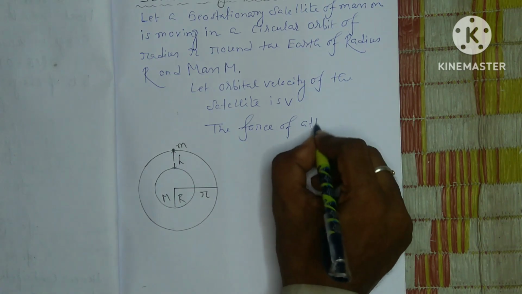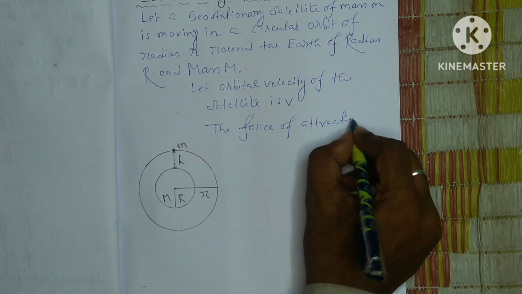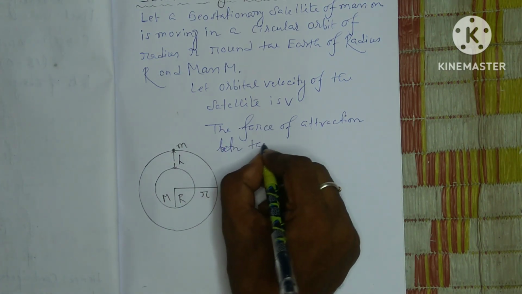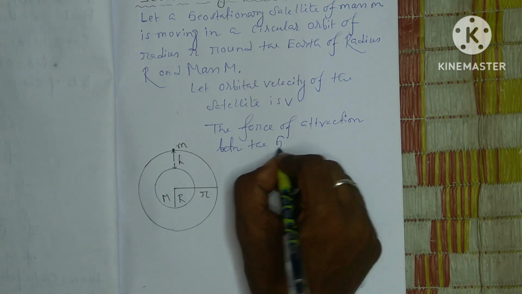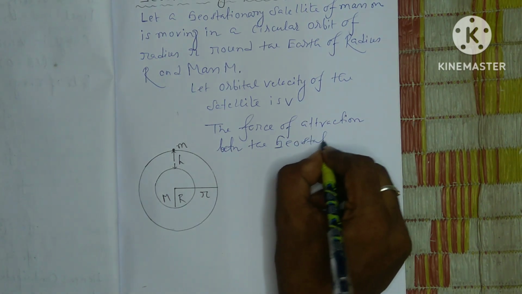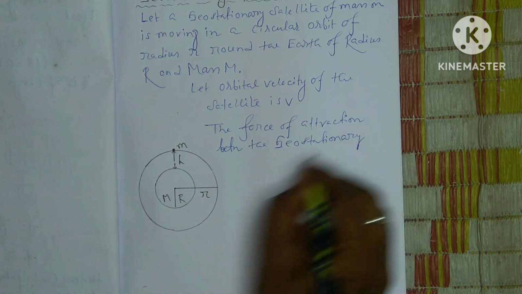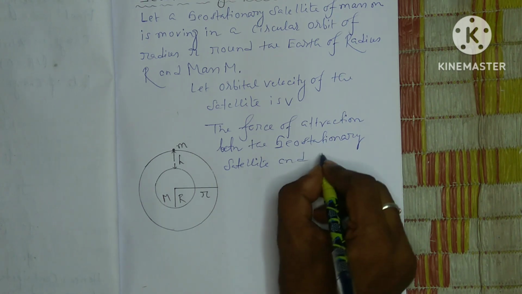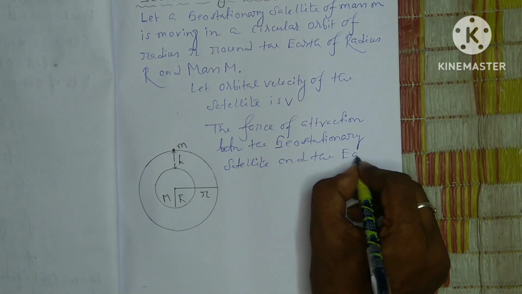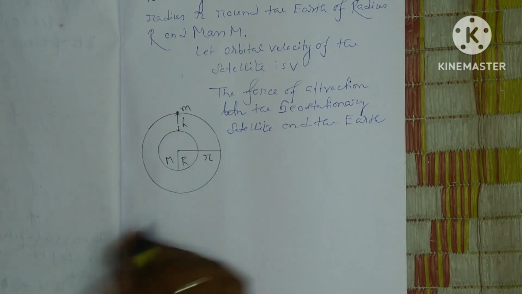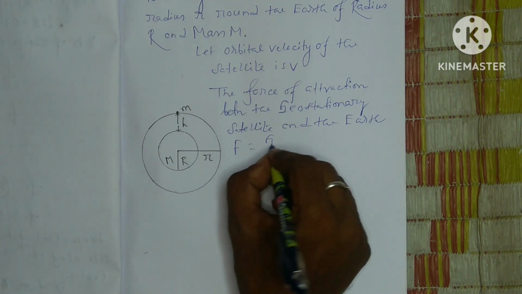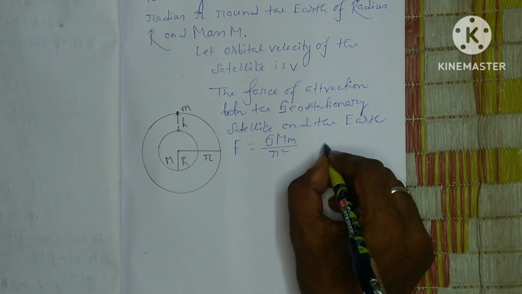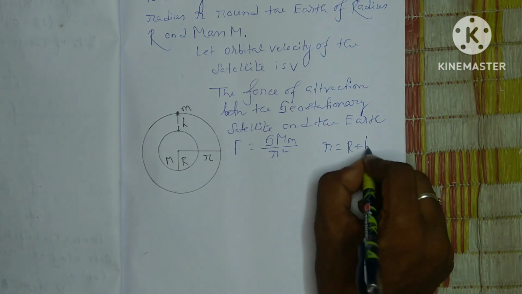The force of attraction between the geostationary satellite and the Earth is F equal to GMm by r square. Here r equal to R plus h.